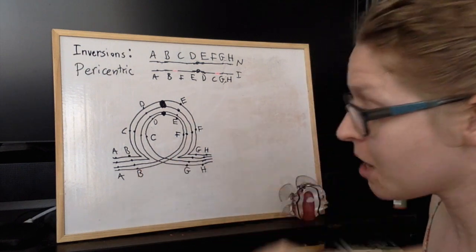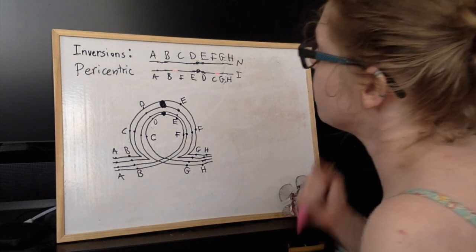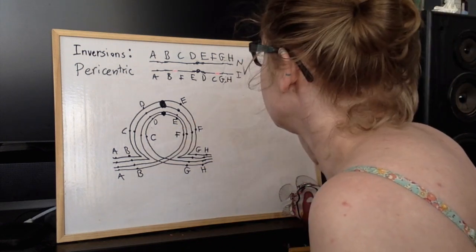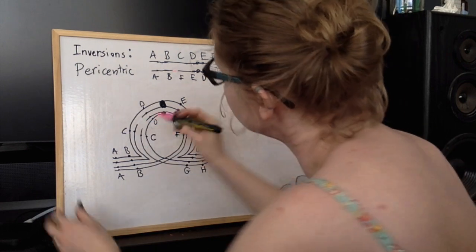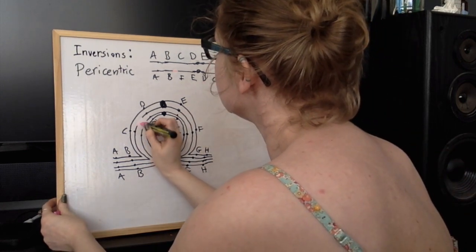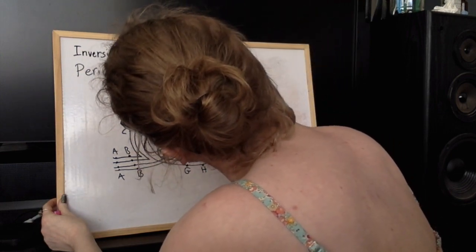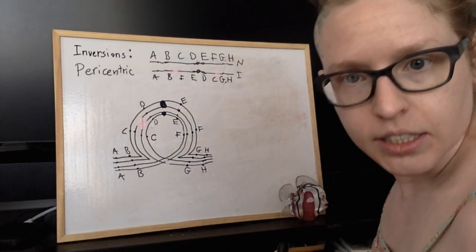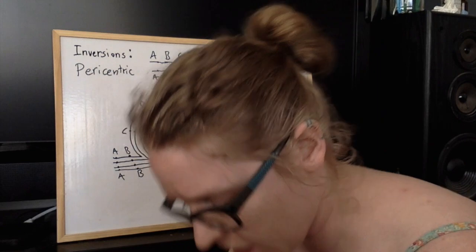See how everything pairs up? Now, let's cross over. I'm going to cross over between C and D, right here. Like that. Yeah, it's totally visible. Okay, so then, there it is.